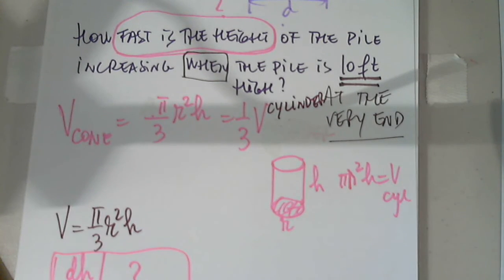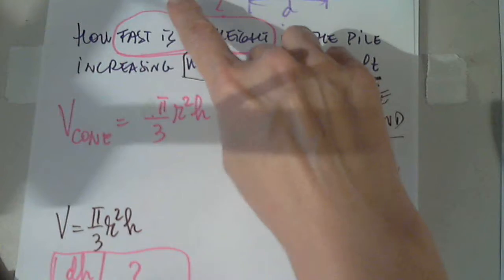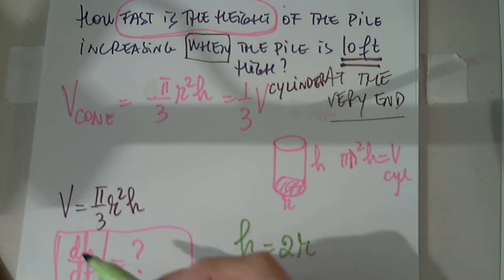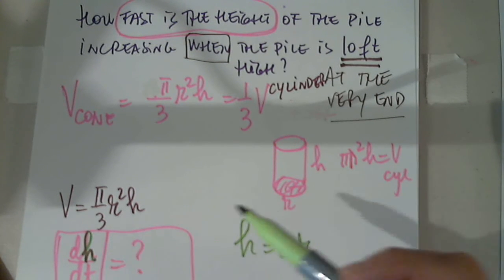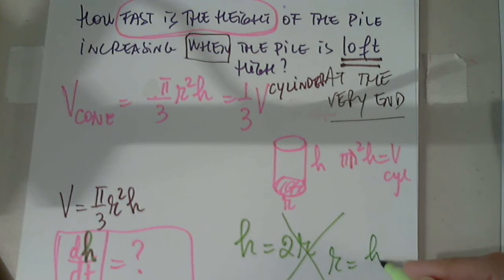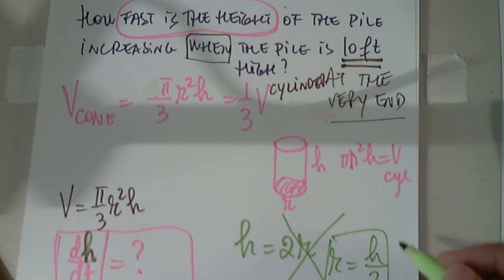Perfect. Now, from the very beginning, I have to note that the height is the same as two radii at any point in time. Since I'm asked to find the height, I want to somehow remove the radius. Not a problem. I'll divide both sides by 2 and say the radius is the height divided by 2.